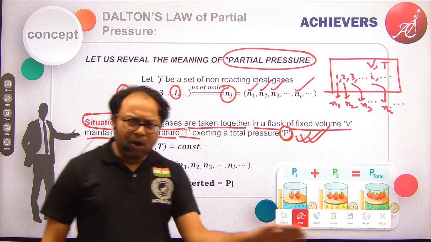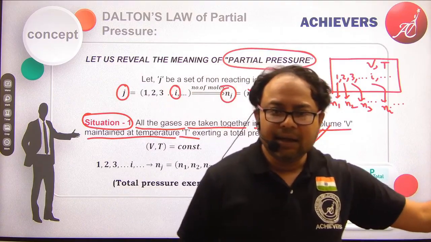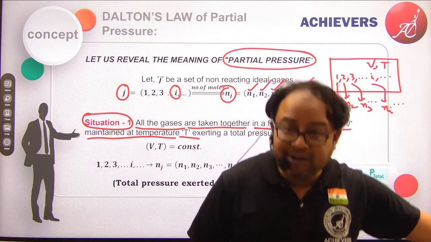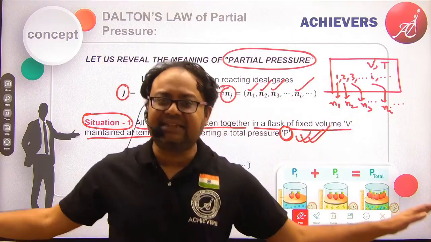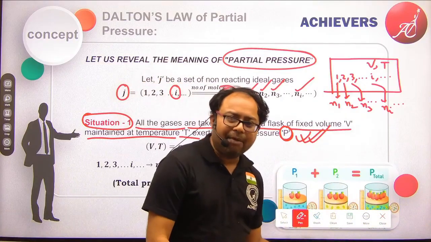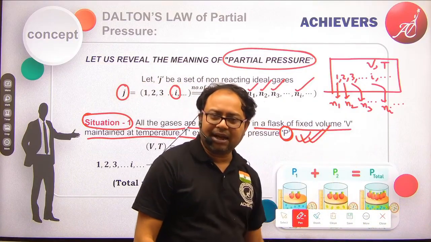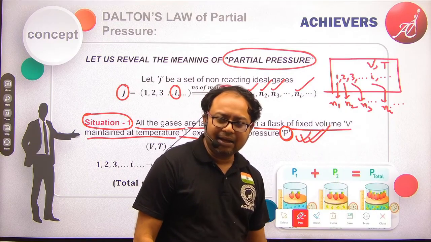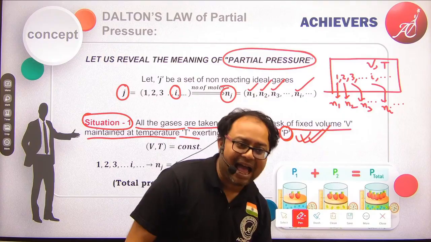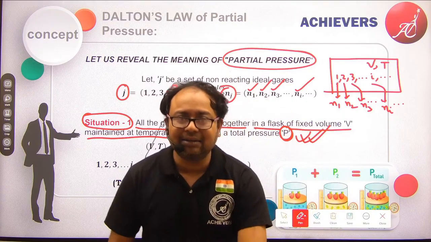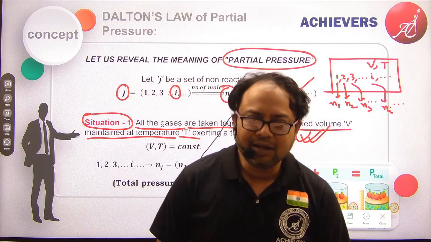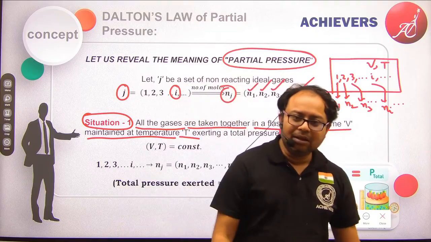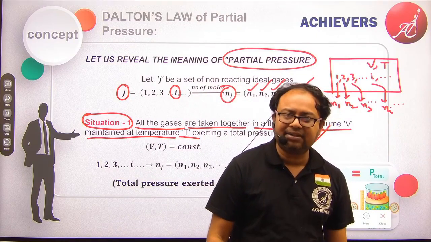And the number of moles will not change, since the gases are non-reacting, they do not react with each other. So the number of moles of each gas will remain constant. Okay. So this situation is quite understandable.